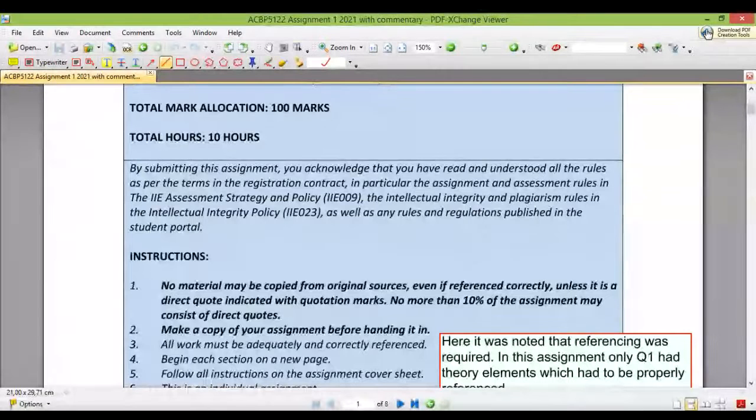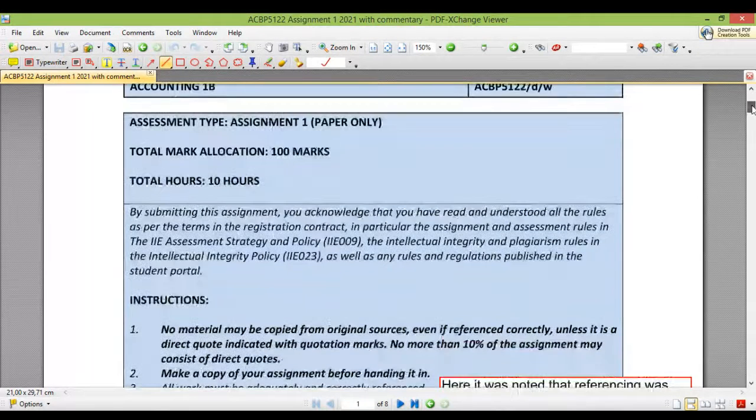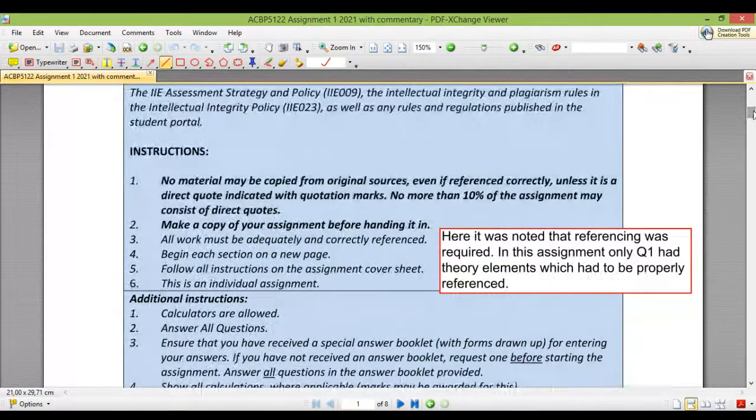So the first thing you had to note was on your front page, and this is why a lot of students lost marks for referencing: this year it specifically states on the front cover that all work must be adequately and correctly referenced. So that means you had to show in-text referencing and you had to show a bibliography.